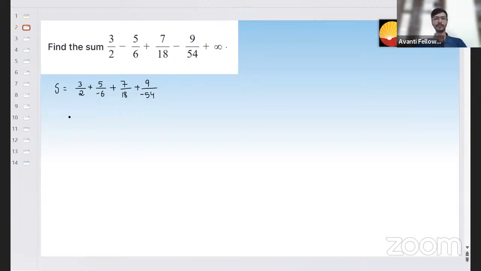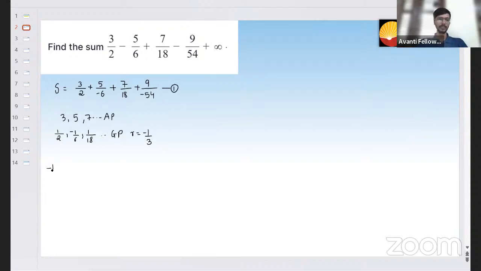As you can see, the numerators 3, 5, 7 are in AP, and the denominators 2, minus 6, 18 are in GP. Correct. So what is the standard procedure to find the sum of an infinite AGP? We multiply with R. Here you can see R is minus 1 by 3. So let's multiply with R.